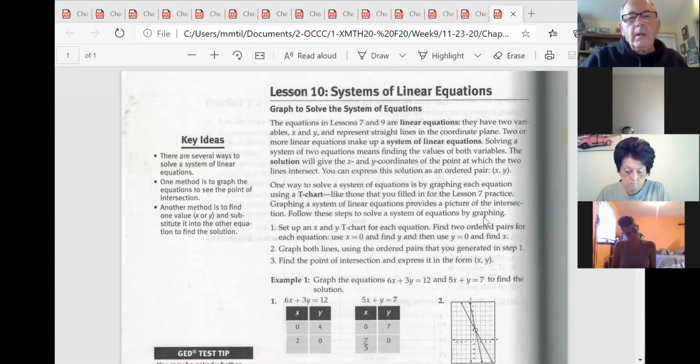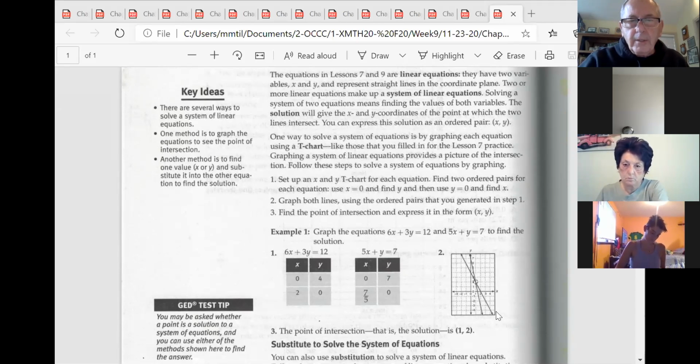Okay, 2 more pages and we'll take a well-deserved break. Okay, systems of equations. So this means more than one. Usually you're talking about 2 linear equations, and on a graph, normally they'll intersect somewhere.